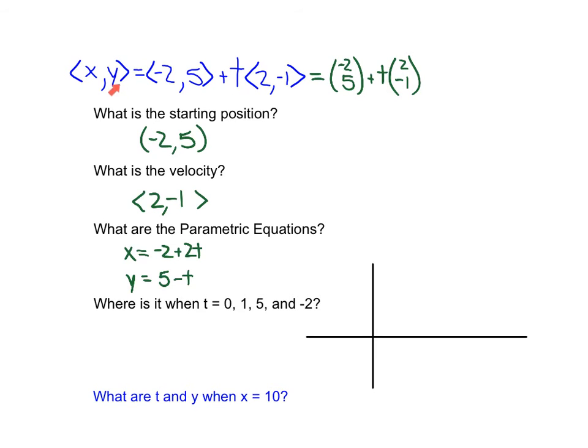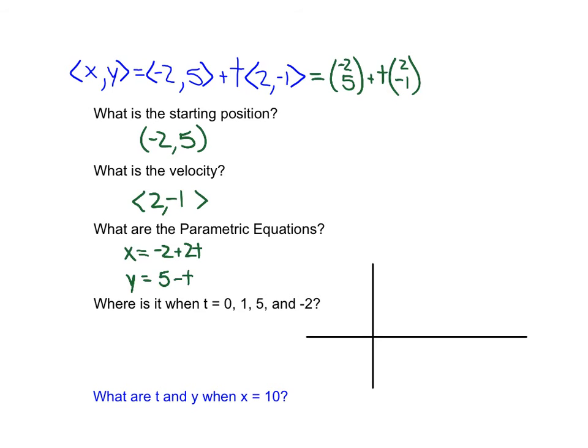And the y is 5 plus t times negative 1. You just kind of go across the rows. So that may be helpful, especially in 3D. That alternative form might be useful.